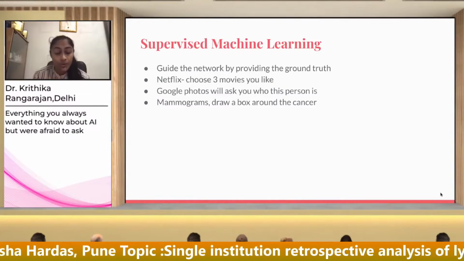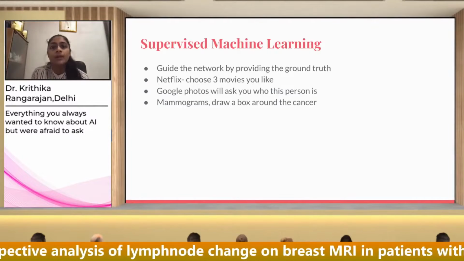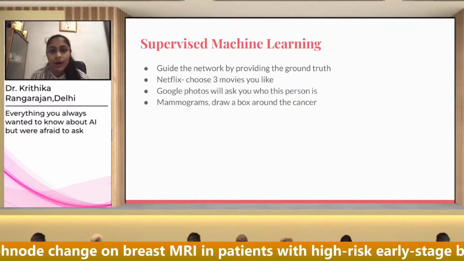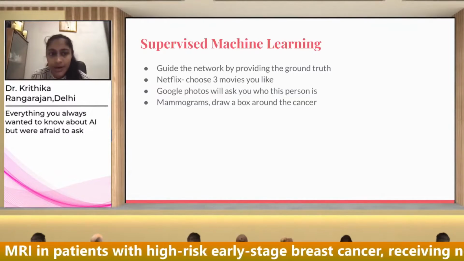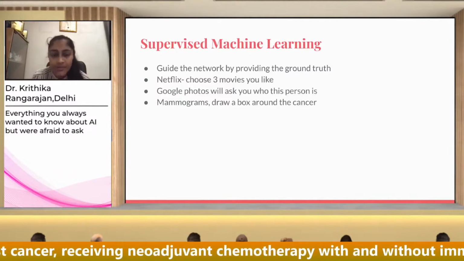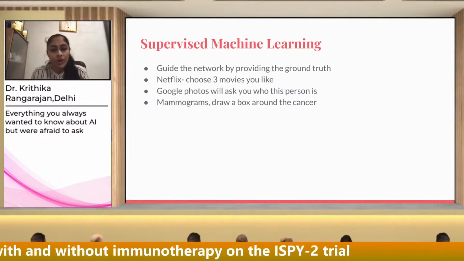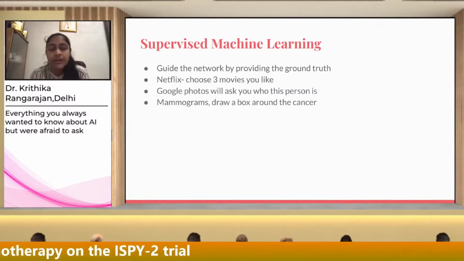AI is a very broad term, but what we use commonly for most of the tasks in clinical practice is called supervised machine learning. So what is supervised machine learning? Supervised means that you basically teach the system what you want it to predict.